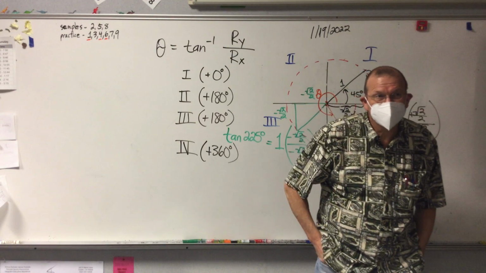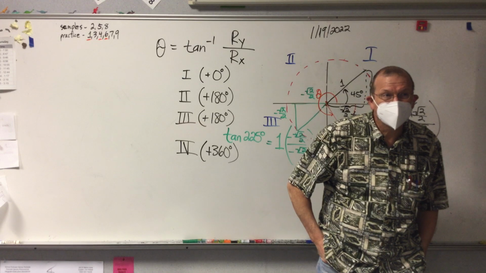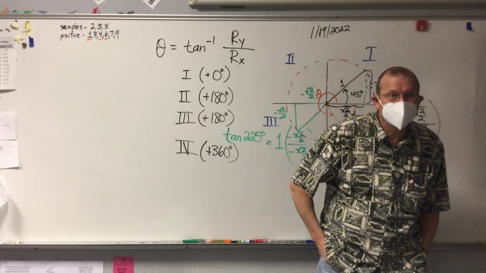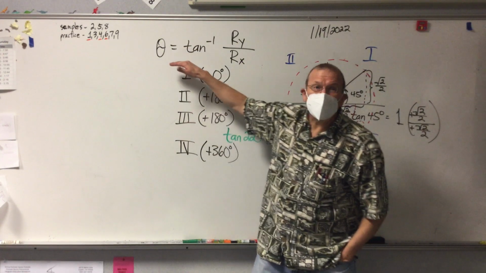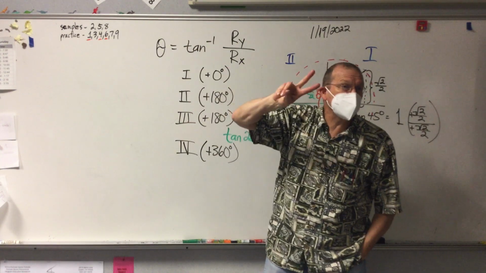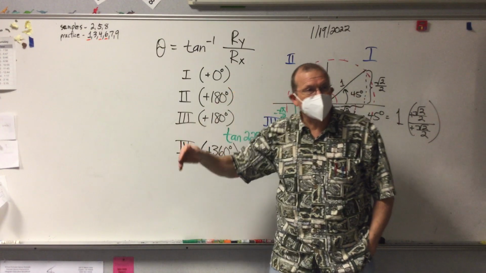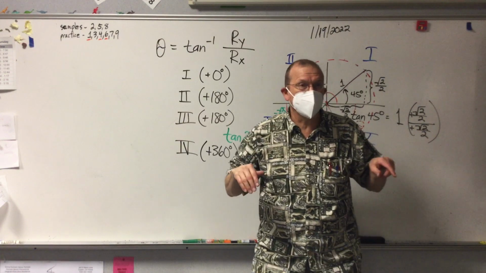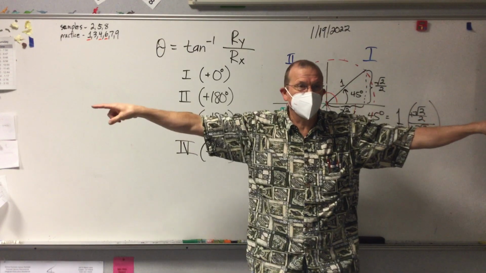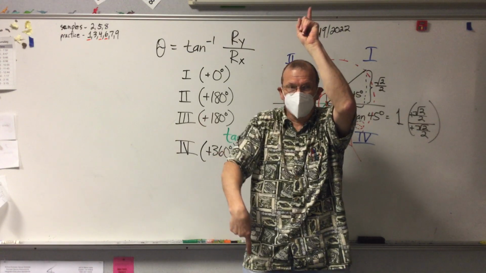Could you just use the signs of the Rx and Ry to plot the point? Right. Remember, 2 steps prior to this, you figured out the value of Rx and Ry. Rx tells you whether you go this way or this way. Ry tells you whether you go this way or this way.